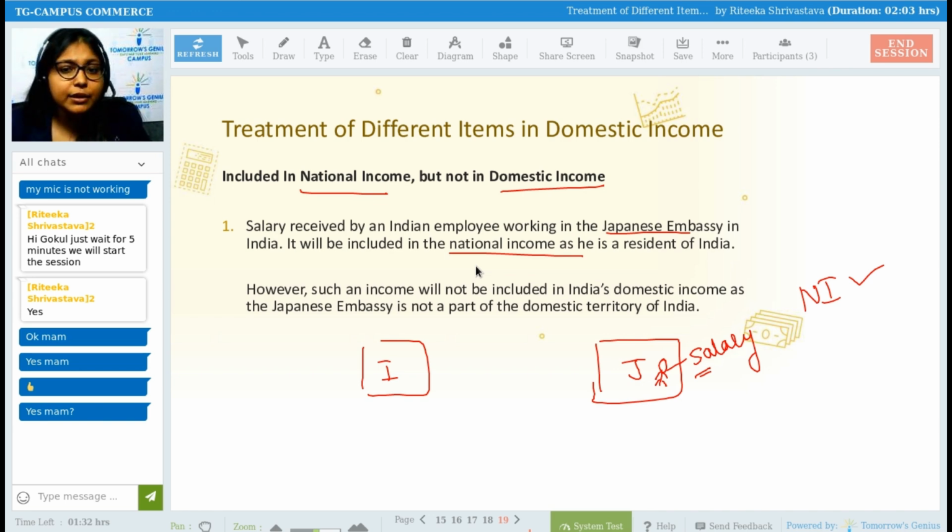But what about domestic income? Will it be included under domestic income? Domestic income means what? Income incurred within the domestic territory. Is he incurring the income within the domestic territory? Why so much time to think?